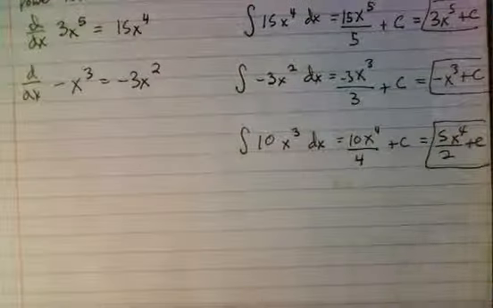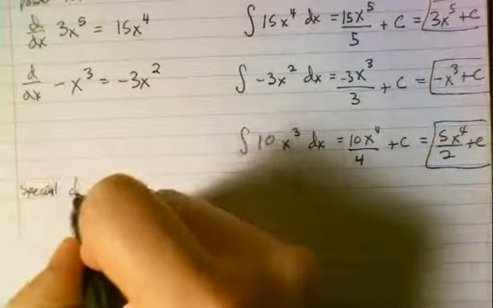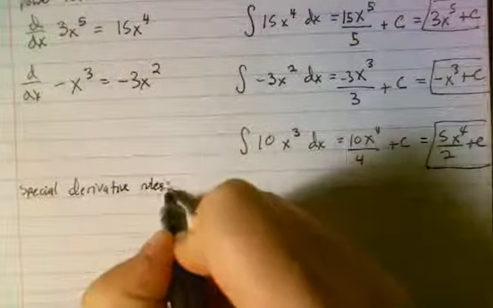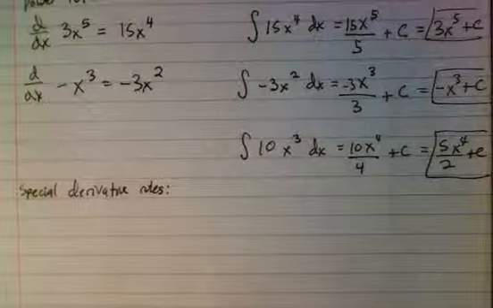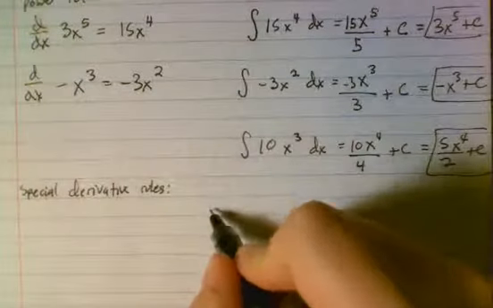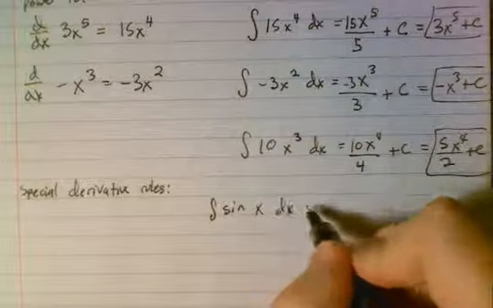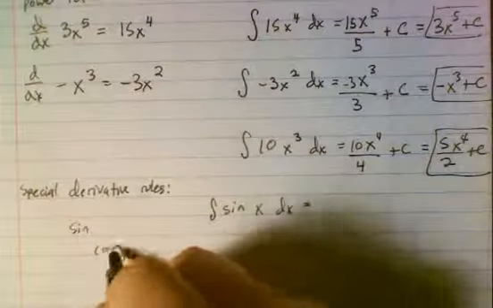Now let's look at some of the special derivative rules. These really just have to be memorized. So let's find the antiderivative of sine x dx. Well, here's where we have to remember our circle.